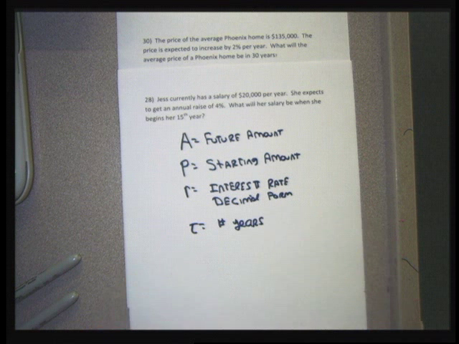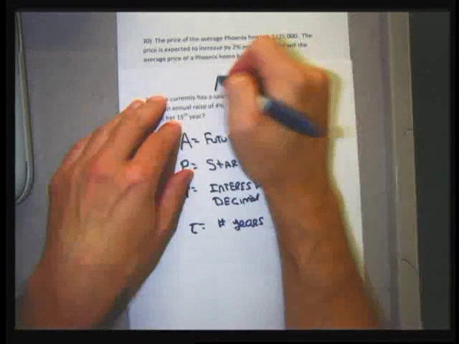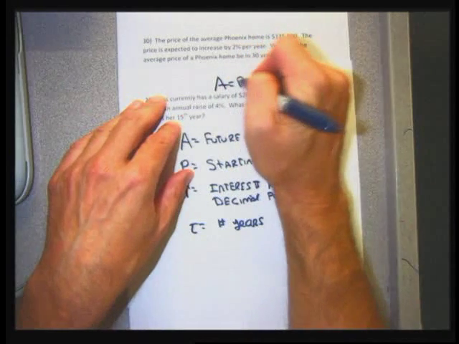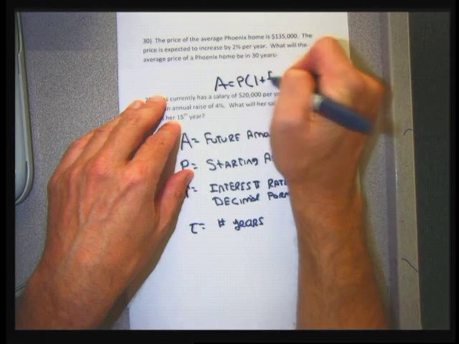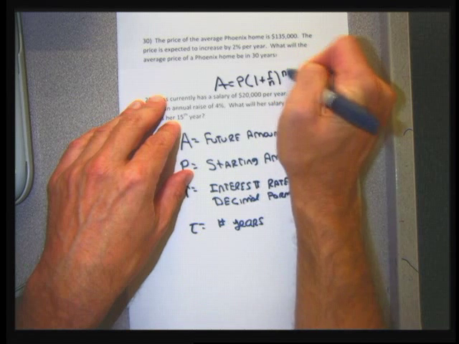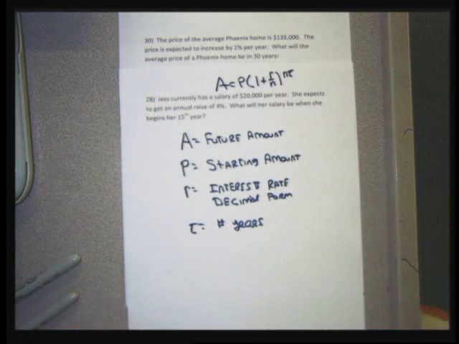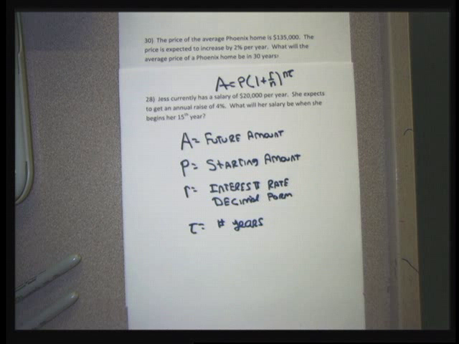This formula is the same as the compound interest formula without the N. When we did the compound interest formula, we did A equals P times 1 plus R over N to the NT power. And in these two problems, N, the number of times the percent is changing each year, is 1.